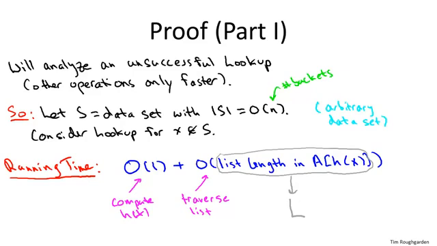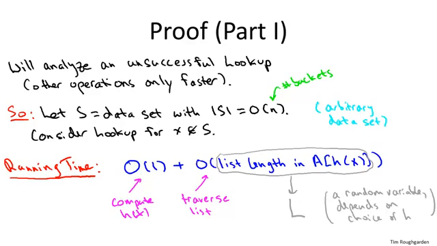It is a function of which hash function, little h, we wind up selecting in real time. So for some choices of our hash function, little h, this list length might be as small as 0, but for other choices of this hash function h, this list length could be bigger. So this is exactly analogous to Quicksort, where depending on the real-time decision of which random pivot element you use, you're going to get a different number of comparisons, a different running time.